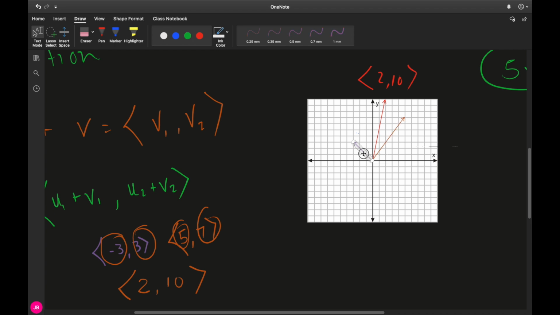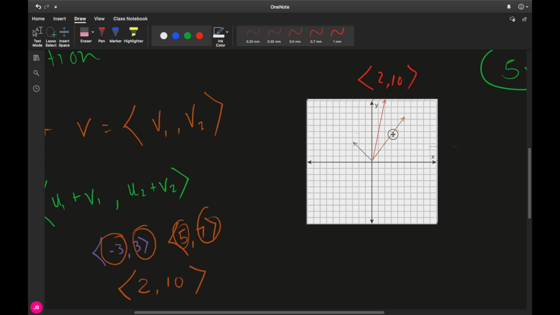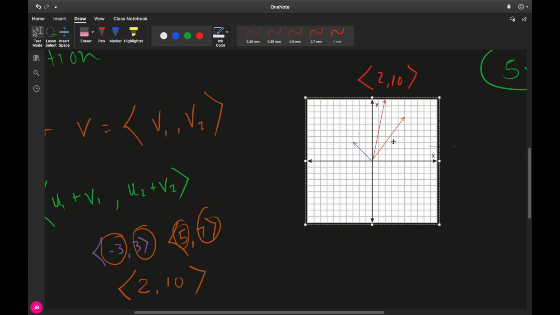You could take the purple and stick it at the end of the orange, or you could do the exact opposite. Leave the purple where it is and take the orange vector and stick it to the end of the purple one. And it will not make a difference. Both of these should end up at the same point. And you can see that by the way that I'm sliding these around and moving them around.